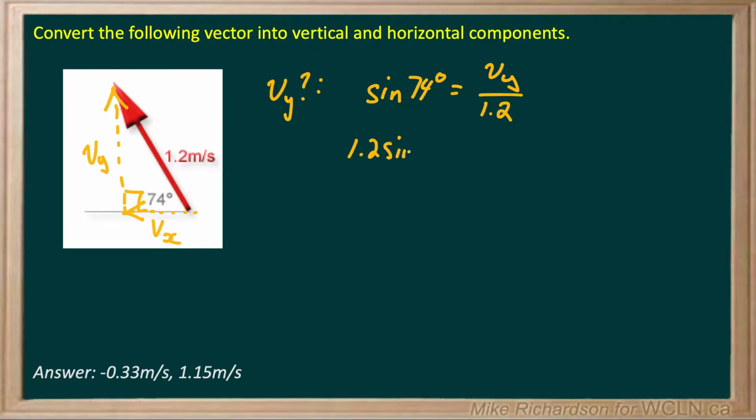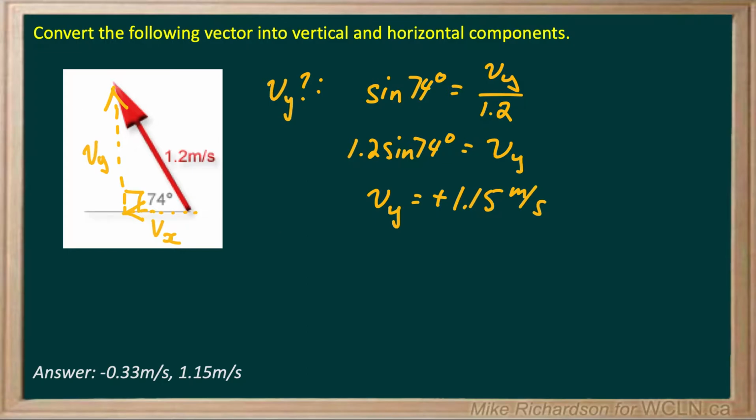Multiplying both sides by 1.2, I get 1.2 sine 74 is Vy, and I end up getting Vy is 1.15 meters per second, and because it's up, that'll be positive.